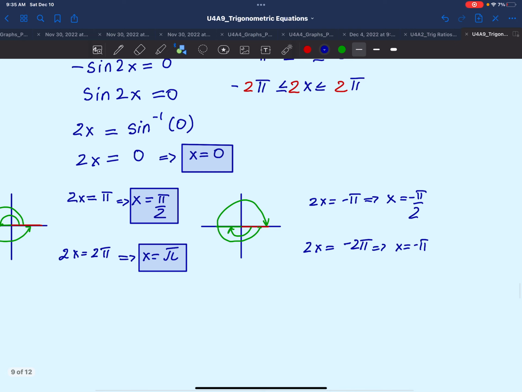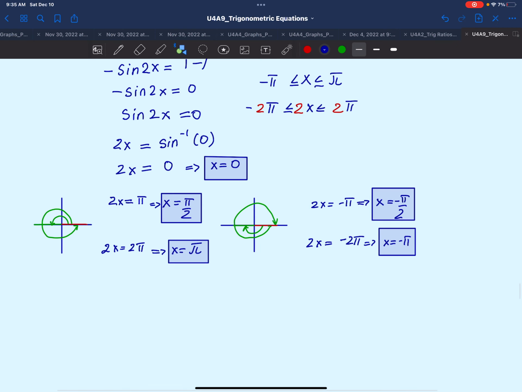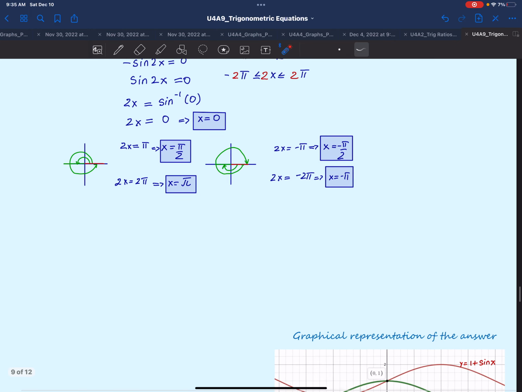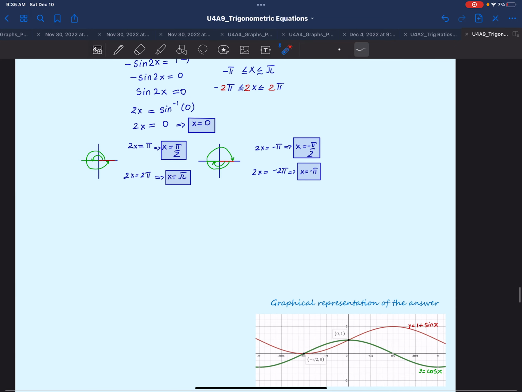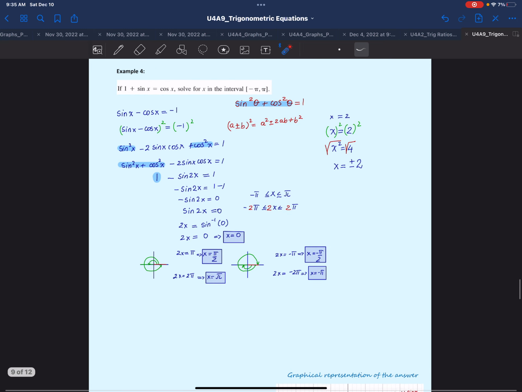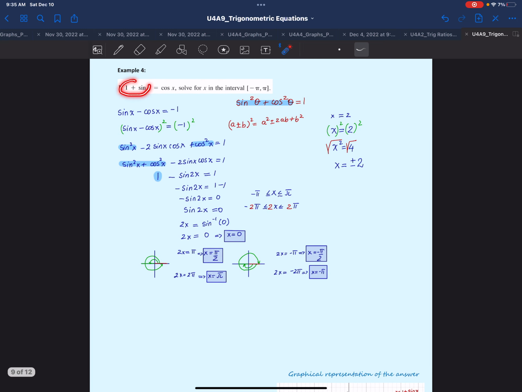So let's take a look now at the graphical representation of our answers. Again, we found 5 solutions here for x, and they all are between negative pi and positive pi. So you see 0, pi over 2, pi, negative pi over 2, and negative pi. So when you look at the graph of this equation, remember how we draw the graphs. So we draw the graph of the left side and the function that we create from the right side.